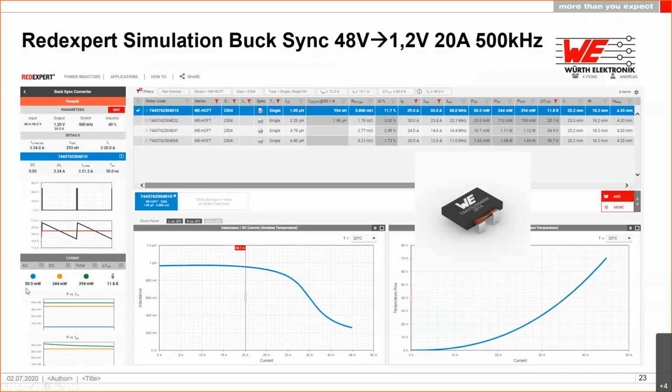The AC losses are in this case 50 milliwatts and the RDC losses are roughly 350 milliwatts. And the temperature rise of the inductor itself is around 12 Kelvin, which is more than safe. So you can even go to 30 amps, no problem with this. The only limit is then the saturation current of the part, 33 amps. But you can use Red Expert here to get a fast and easy approach to your design.